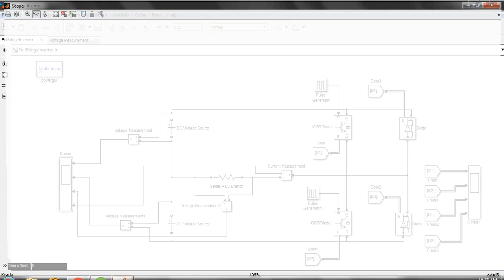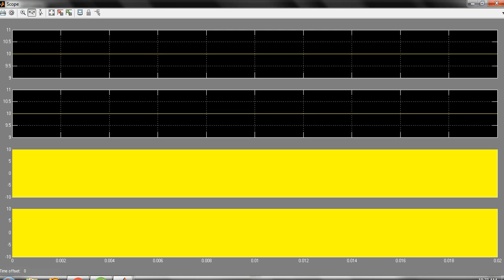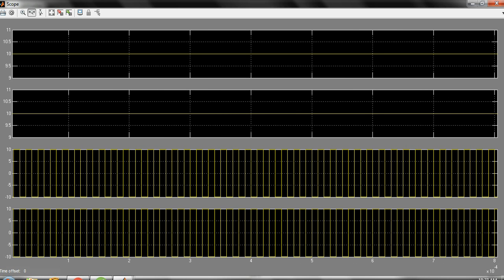Here is our output and input voltage. We gave 10 plus 10, 20 volt input, and we get Vs by 2 as our output, and the current also goes from minus 10 to 10. So these are our required output waveforms and input waveforms of the single phase bridge inverter.